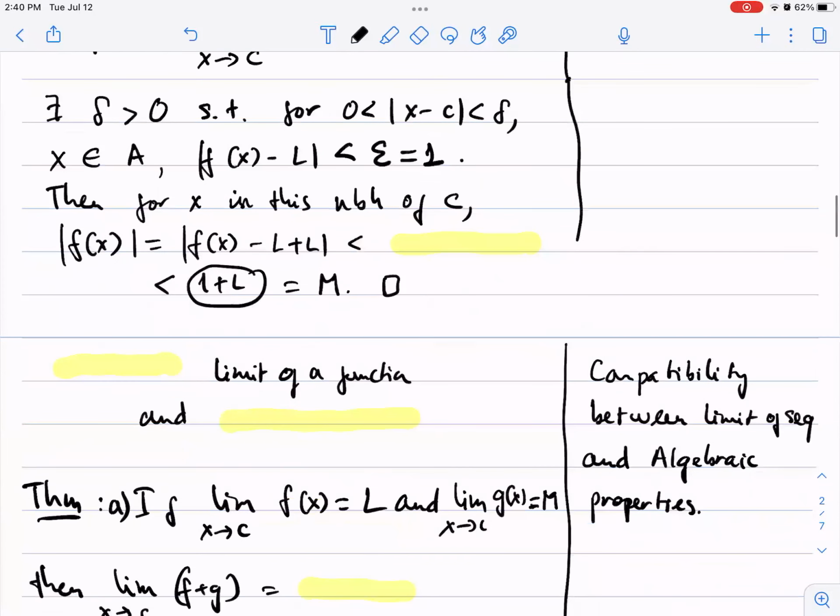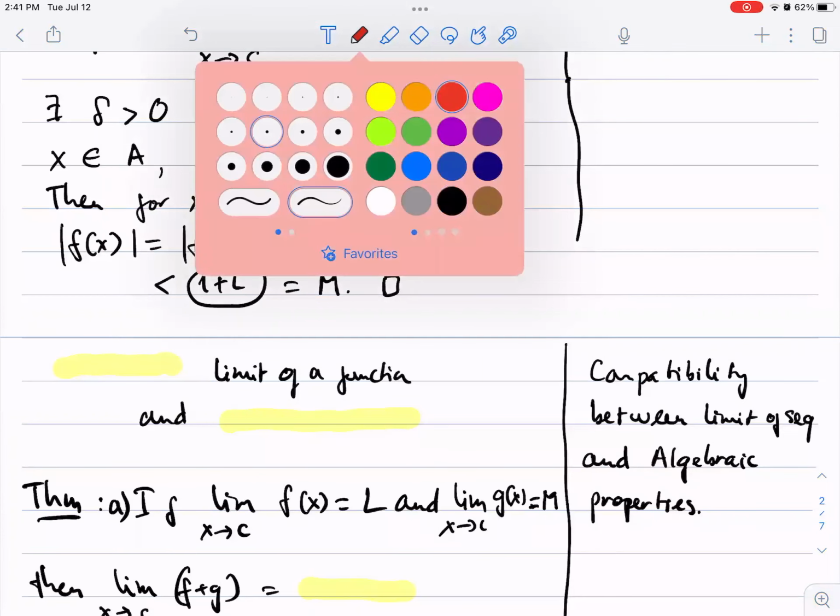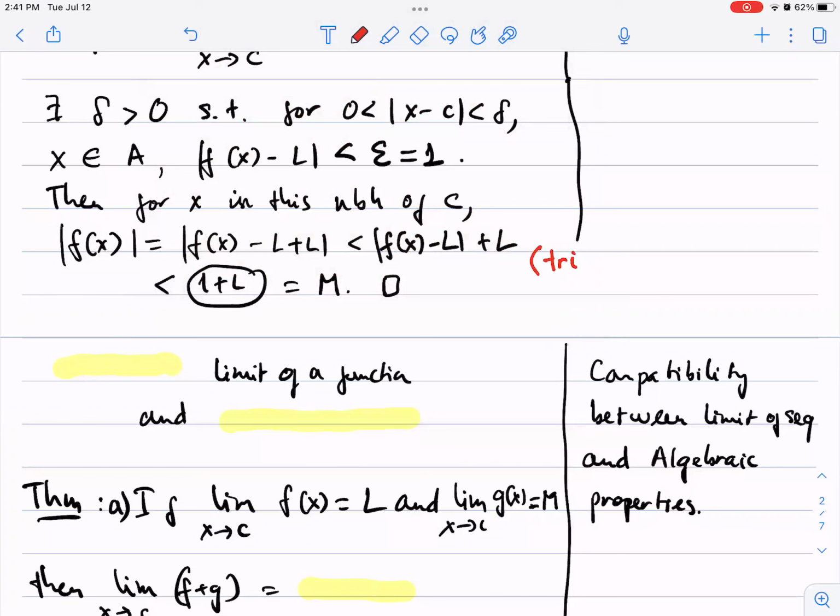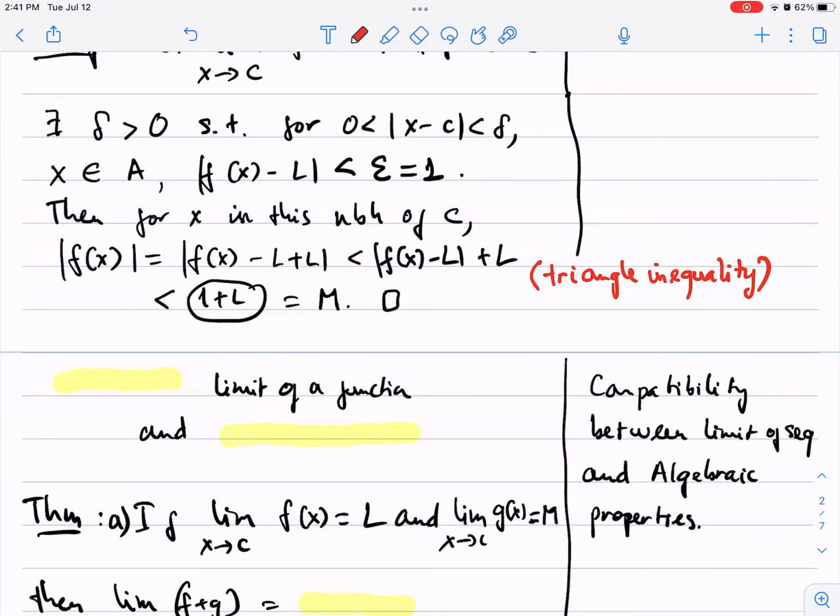Then for x in this neighborhood of c, |f(x)| is going to be equal to |f(x) minus L plus L|, which is smaller than or equal to |f(x) minus L| plus |L|. So this is the triangle inequality. But the difference |f(x) minus L| must be smaller than epsilon, which is equal to 1.